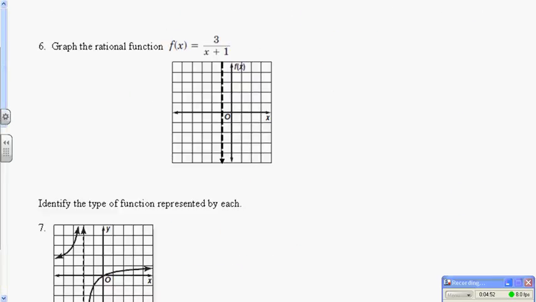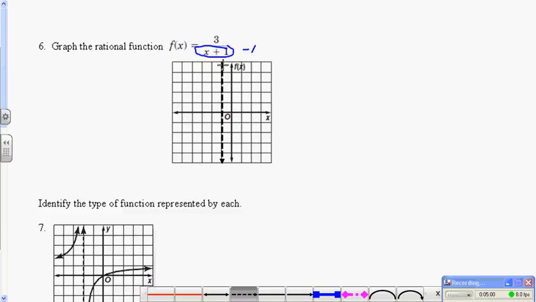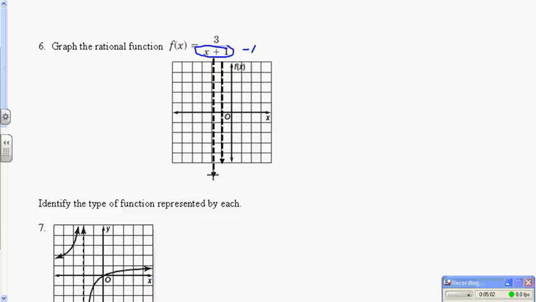Graph this function. Well, we have a denominator that will be undefined at -1. So here's our vertical asymptote. We make an XY chart with points from both sides.